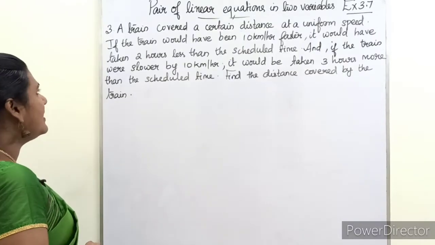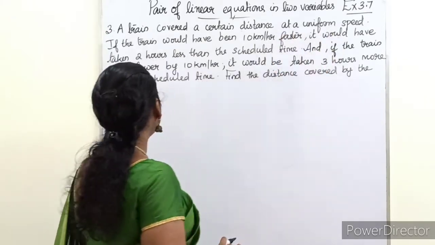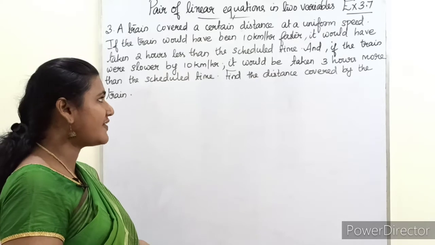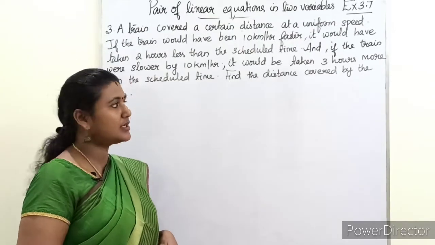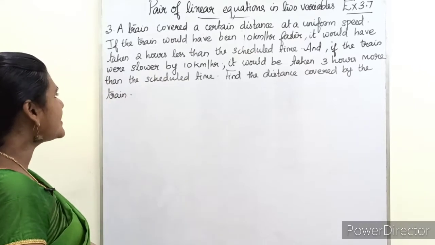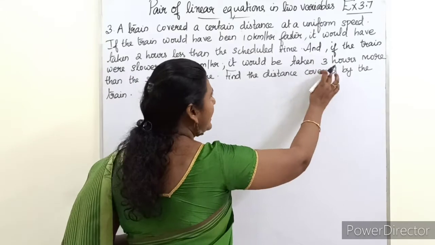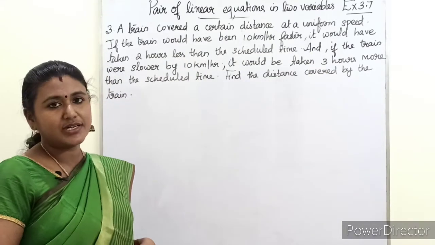Question number 3. A train covered a certain distance at a uniform speed. If the train would have been 10 km per hour faster, it would have taken 2 hours less than the scheduled time. And if the train were slower by 10 km per hour, it would have taken 3 hours more than the scheduled time. Find the distance covered by the train.